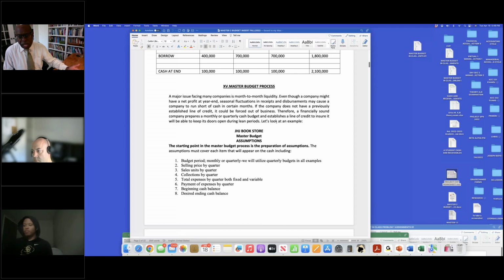Stores in the mall don't do a lot of selling in the second and third quarter, but in that fourth quarter they do a lot of sales, and they make their money based on the sales in the fourth quarter. But they've got to have enough money to stay in business, and that's true of you also.